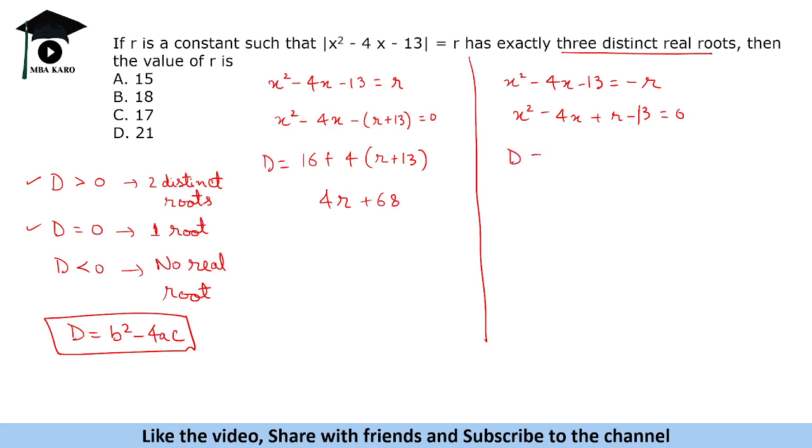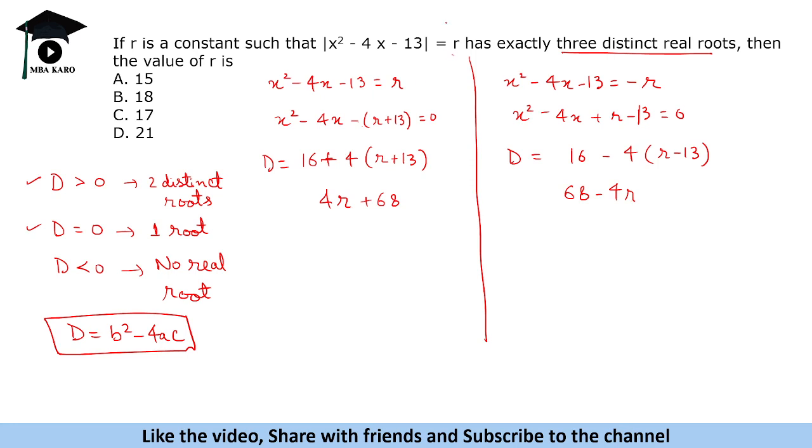In the other case, D will be equal to 16 − 4(r − 13). We did positive here because this was negative negative, that turned out to be positive. So this will be 52 and this will add up to 68 − 4r. So we get D equal to this.